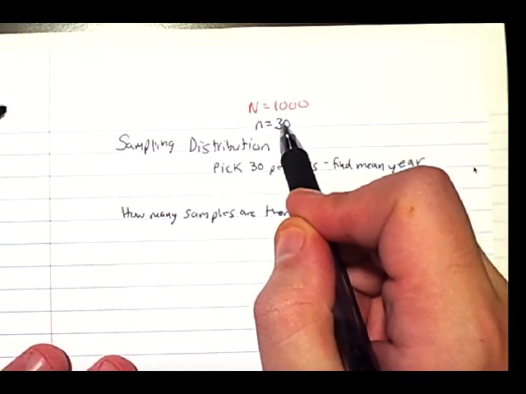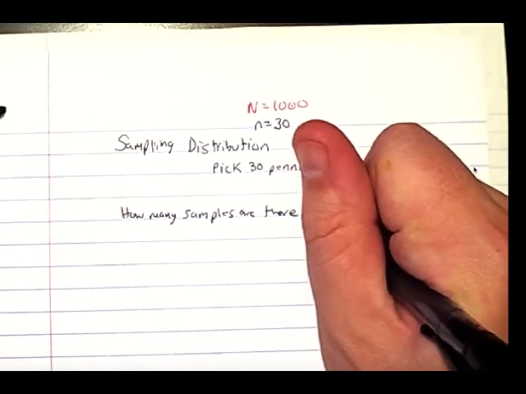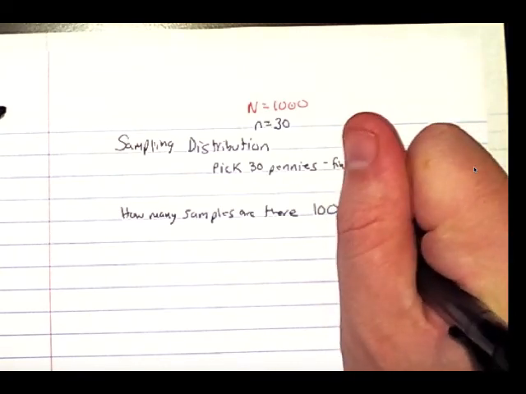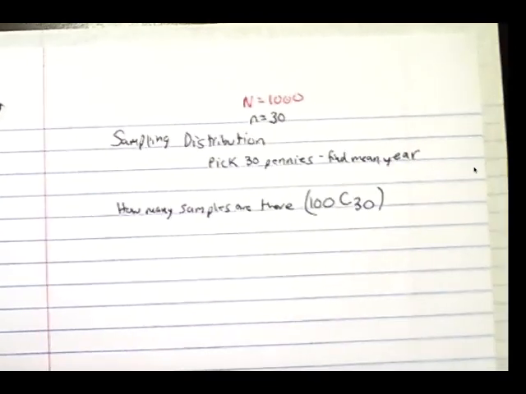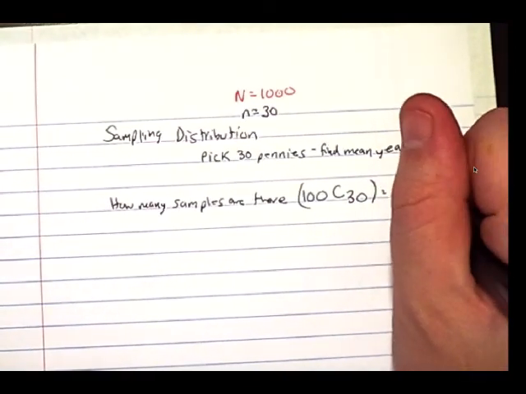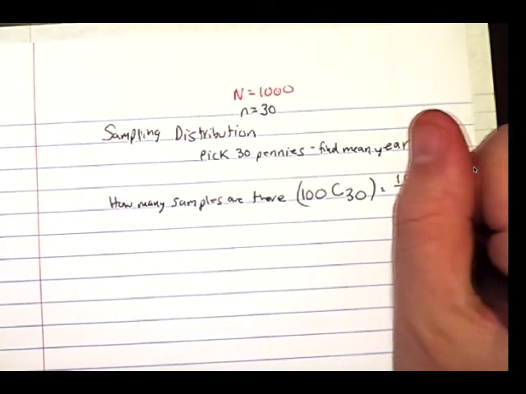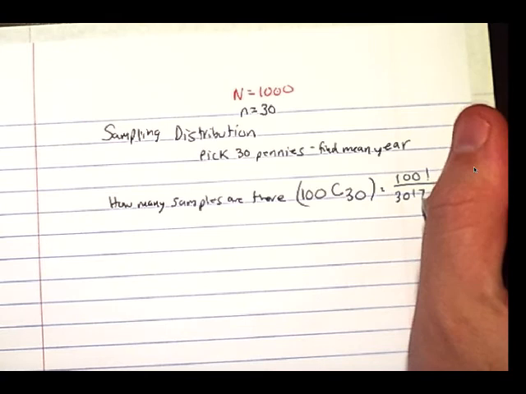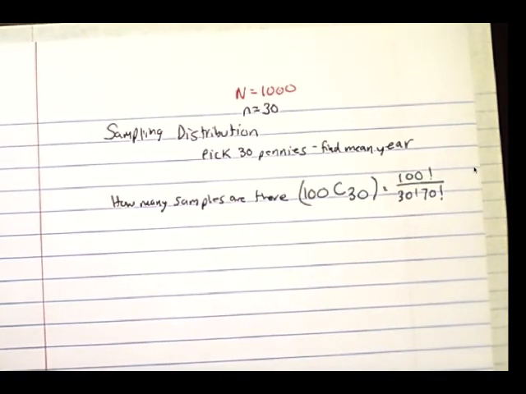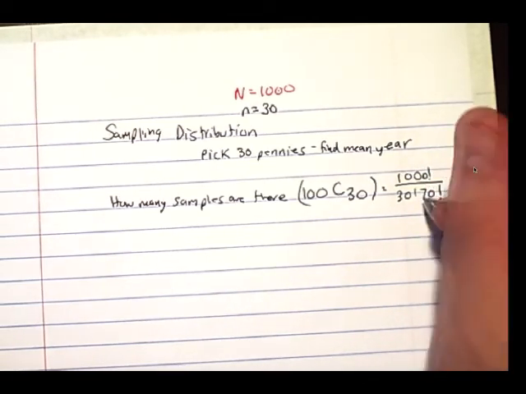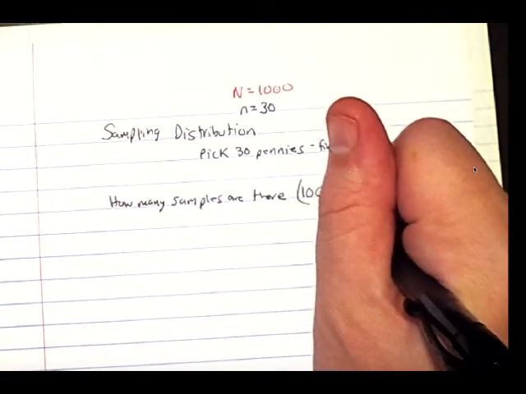If I chose 30 out of 1,000, how many different samples would I get? Well, there's a way we can do this. It's a combination problem, 1,000 choose 30. Mathematically, we would take 1,000 factorial over 30 factorial times 970 factorial. Sorry, I first said 100, but it was 1,000.